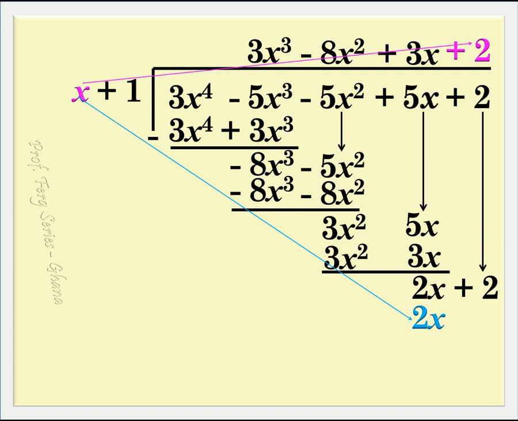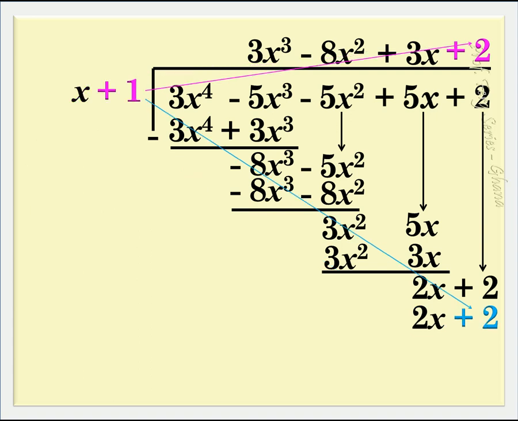Now, multiply the divisor, x, by the plus 2, to get 2x. And plus 1 times plus 2 also gives us plus 2. Write down the plus 2, and subtract.